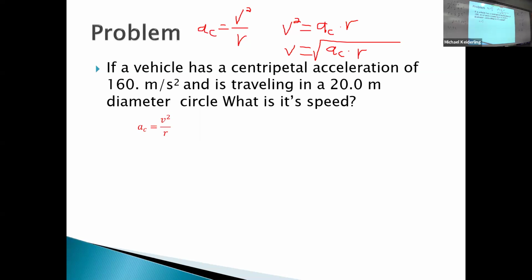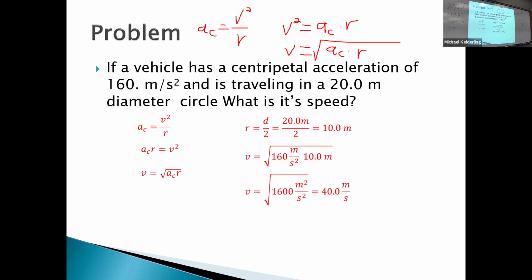So, centripetal acceleration, speed squared over radius. So centripetal acceleration times radius is speed squared. So speed is the square root of centripetal acceleration times radius. Radius is half the diameter, the 20-meter diameter circle. So the radius is 10 meters. So our speed is going to be 160 meters per second squared times 10 meters, all square rooted. That's 1,600 meters squared per second squared, which comes out to 40 meters per second. I chose these numbers to be nice.